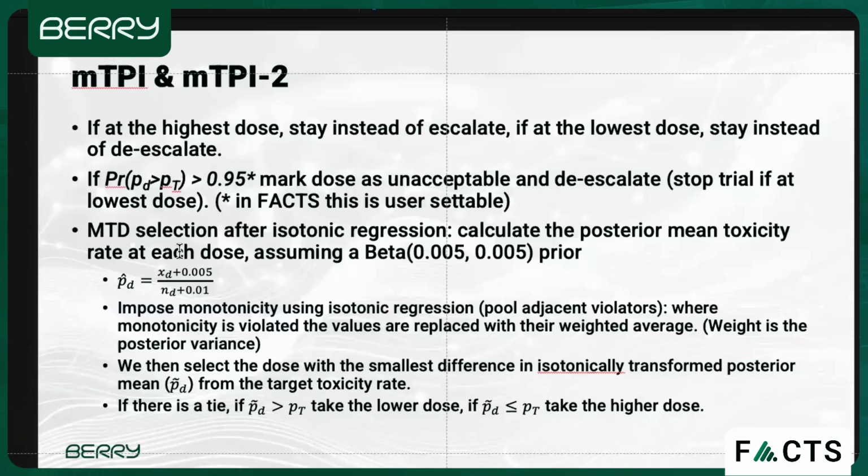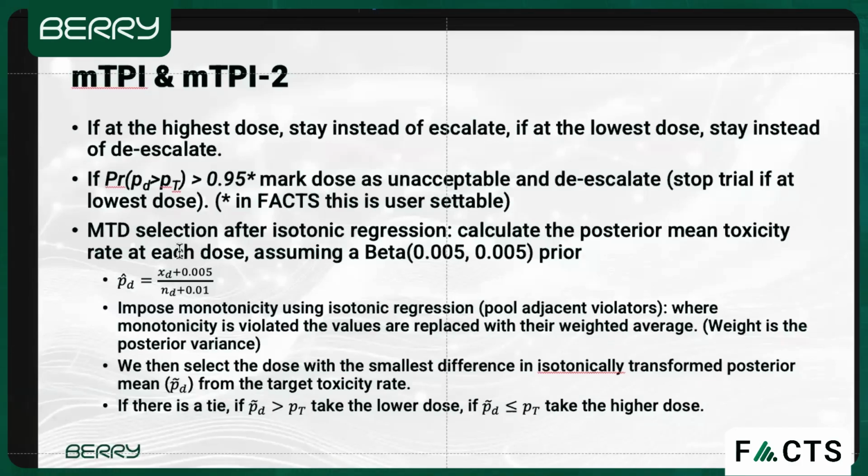So we allow you to specify a cap. And if the dose you are next going to allocate to already has more than this cap on it, then that's what triggers the end of the study. So that's a fairly common rule in the CRM and in other settings. So that seemed like a fairly straightforward thing to add here.